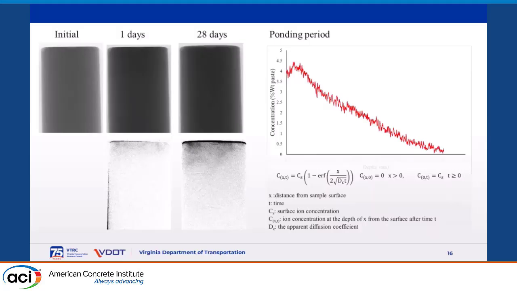But when we have the concentration values attributed to each gray value in this sample, we can get the concentration profile. When we have the concentration profile, and by using Fick's second law, we can calculate the diffusion coefficient. Diffusion coefficient is the most important parameter when we want to deal with the service life of the concrete, right?